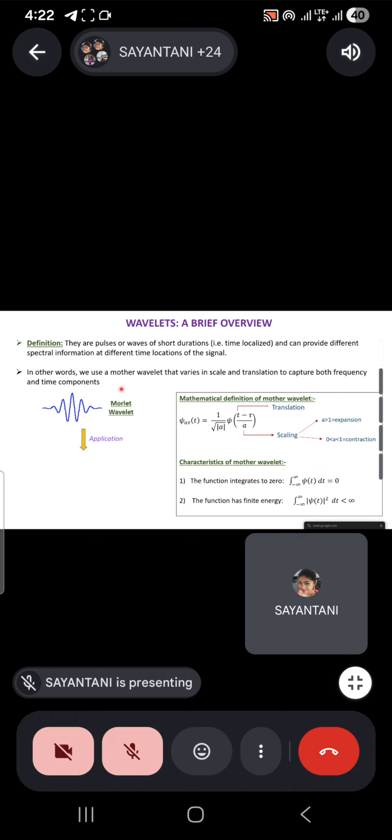Once you choose the mother wavelet, you are either going to shrink or expand the wavelet as per your need to capture different time and frequency domain based information. Each shrunk or expanded version of your mother wavelet is basically a child wavelet.